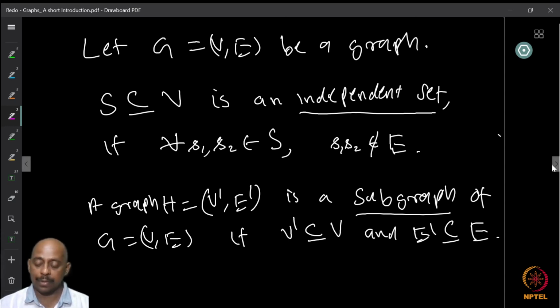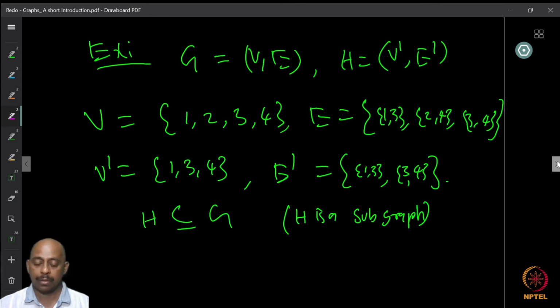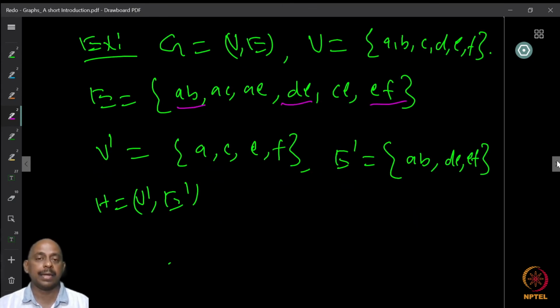Now, in this example, V dash is A, C, E, F, and E dash is {A,B}, {D,E}, and {E,F}. But D is not a vertex of V dash. So since D is not a vertex of V dash, DE cannot be an edge in the graph with the vertex set V dash. Therefore, H equal to V dash, E dash is not a graph. Since H is not a graph, it is not a subgraph, because our definition says that H must be a graph first, and only then can it be a subgraph.